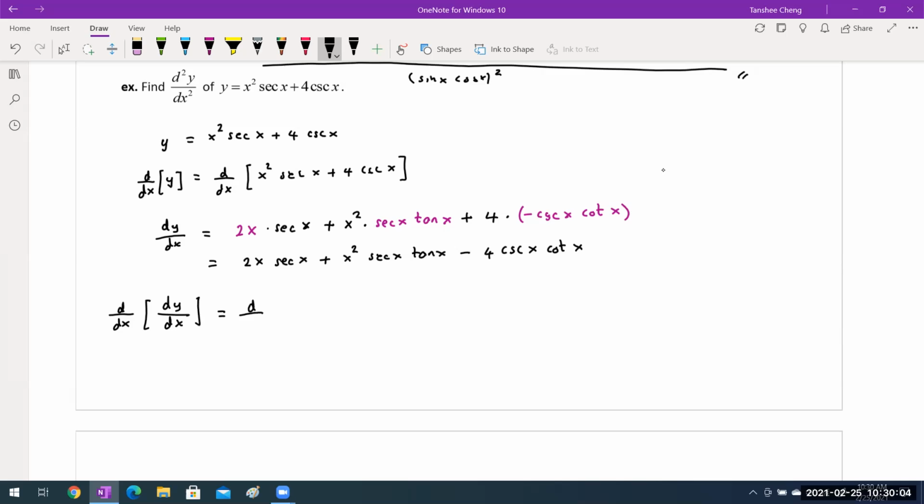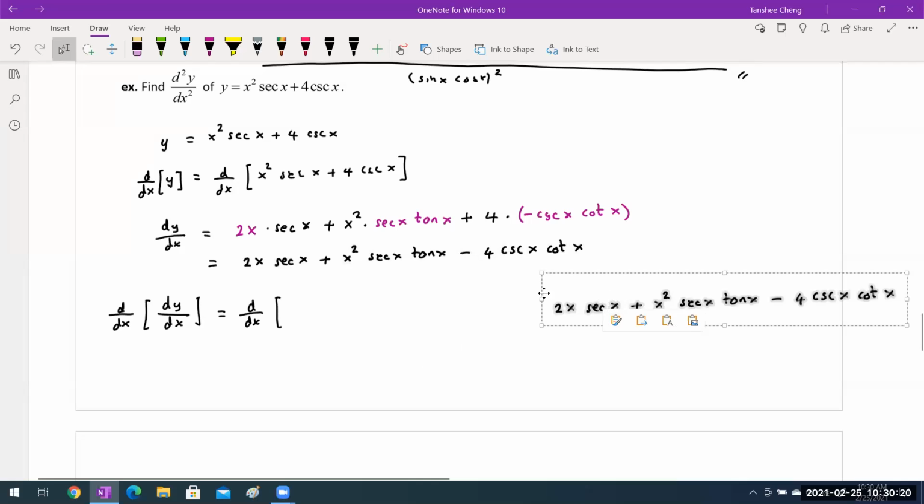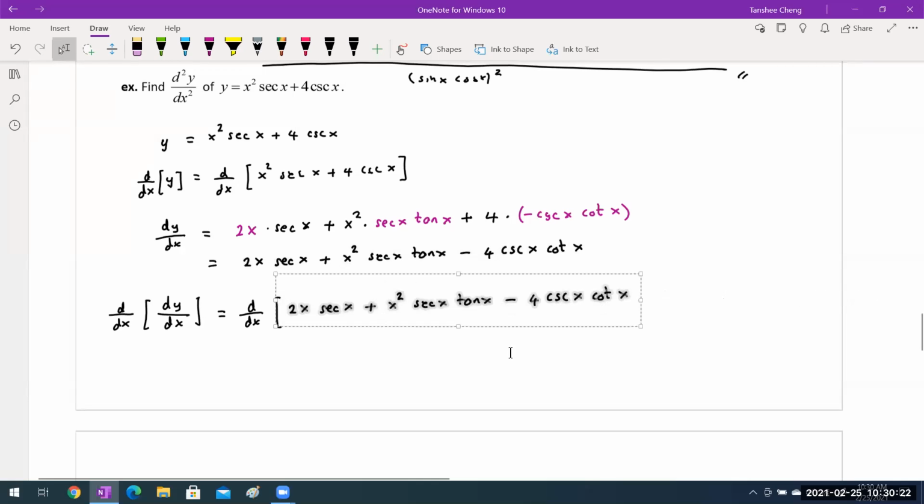That means we are taking the derivative with respect to x of this entire part, right here. So this will look like d squared y dx squared.